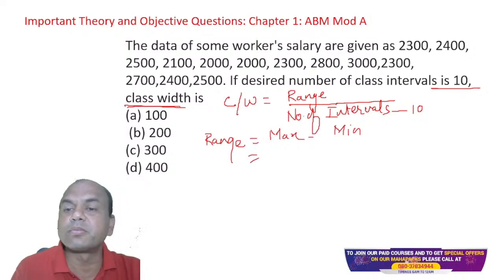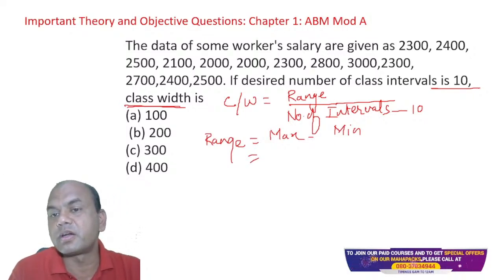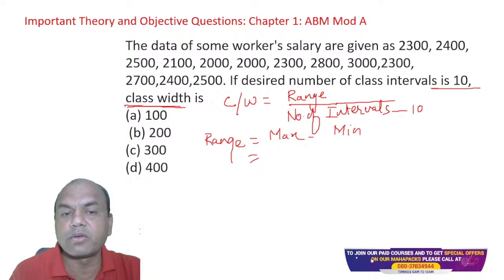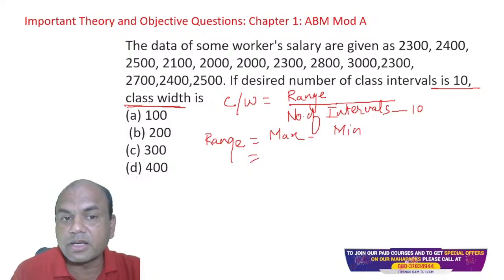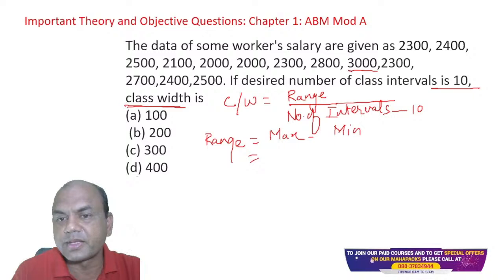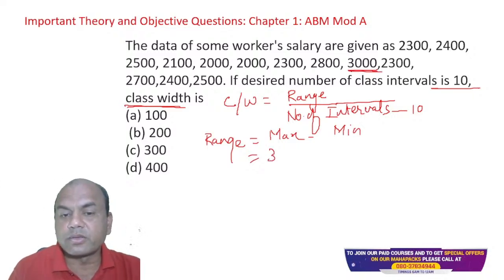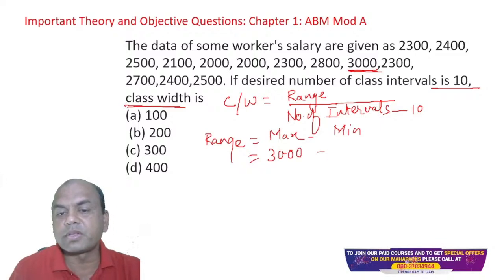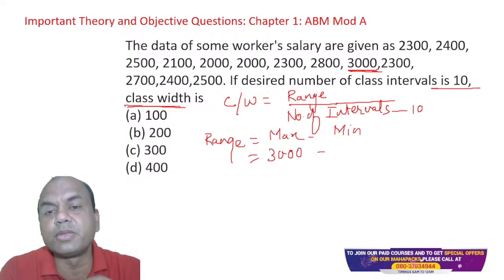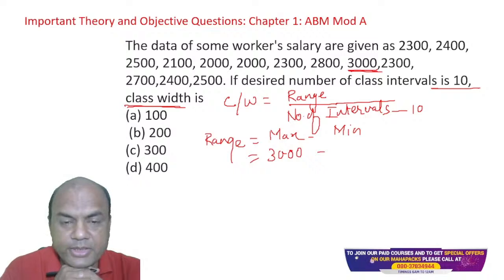What is the maximum number over here? 2300, 2400, 2500, 2000, 2800, 3000, 2700, 2400, 2500. 3000 is the maximum number, isn't it? What is the minimum number then? Type in the comment section.